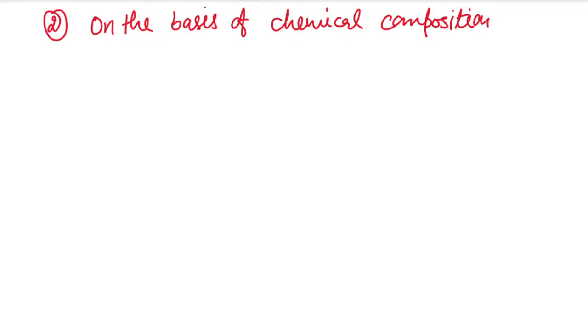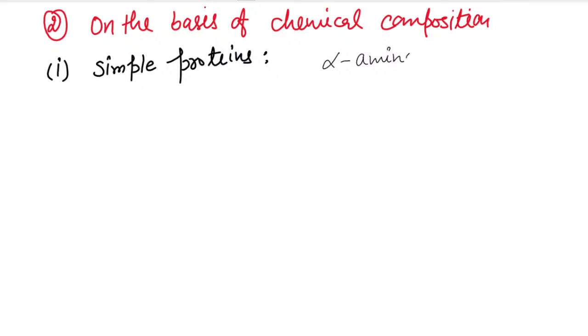So first is simple proteins. Simple proteins are the proteins which on hydrolysis give only alpha amino acids.